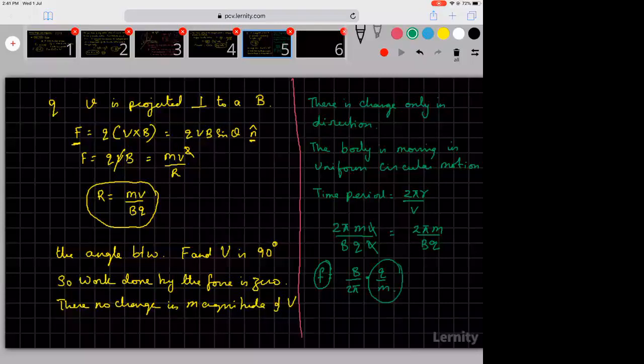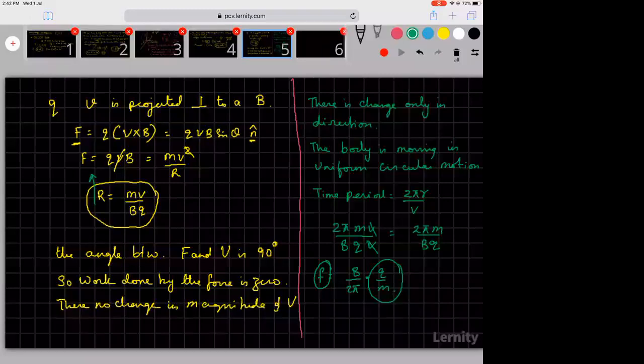Common sense would have told us that if the initial velocity is high, then it should be moving faster. But now we are seeing that the frequency is the same irrespective of velocity. So what happens? If you throw it faster, the radius increases. So it compensates for the time taken.